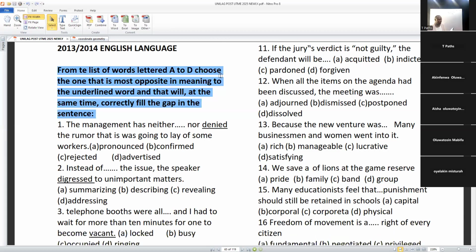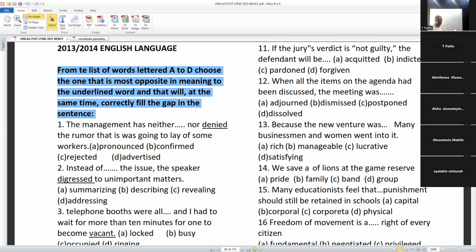Most opposite in meaning to the underlined word, and that will at the same time correctly fill the gap in the sentence. All these introductory questions are just to let us know the antonyms. When I say opposite, it is antonyms, and nearest in meaning is synonym.